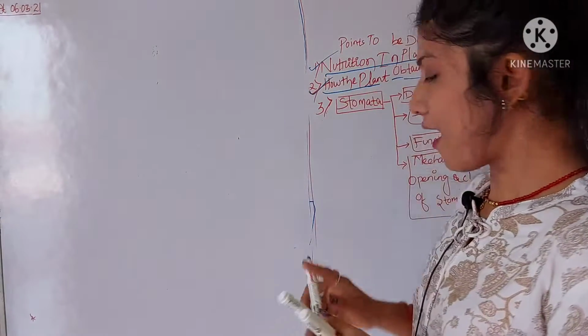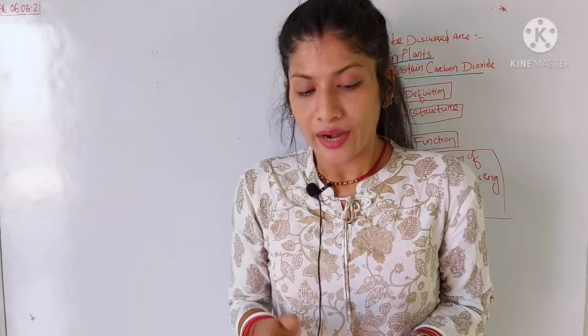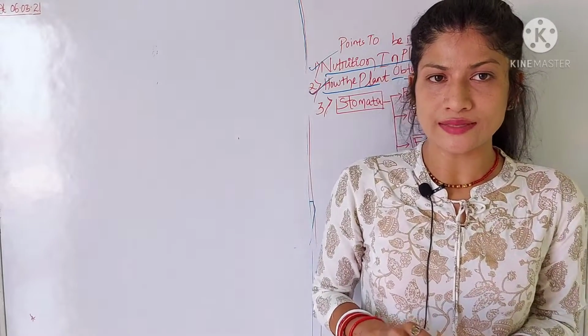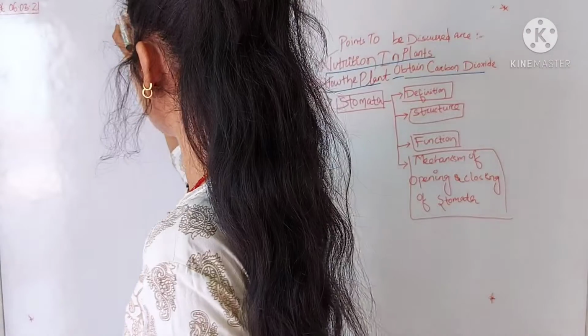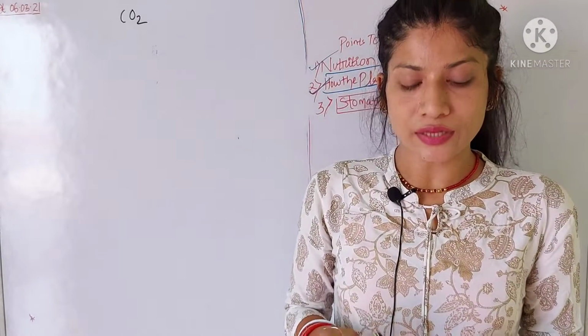Next point, how the plant obtain carbon dioxide? During the process of photosynthesis, the green plant requires carbon dioxide. So how does carbon dioxide enter into the leaf?